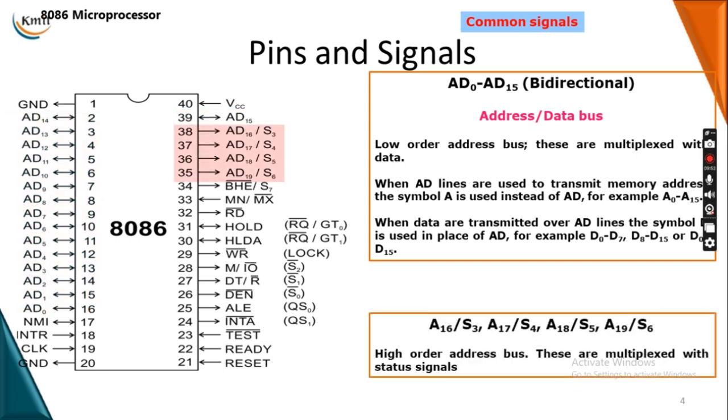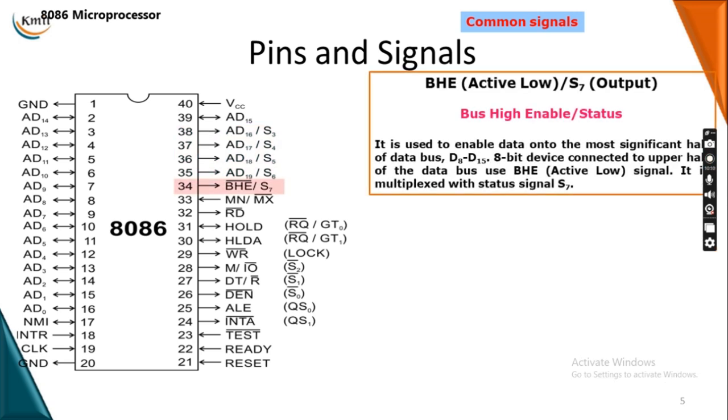Next we have A16, A17, A18, A19. These are the higher order address bus, sorry, because we have address as 20 bit, so 20 pins should be there. So A16, A17, A18, A19, the higher order 4 bits will be stored into these registers. Next we have a bus high enable status.